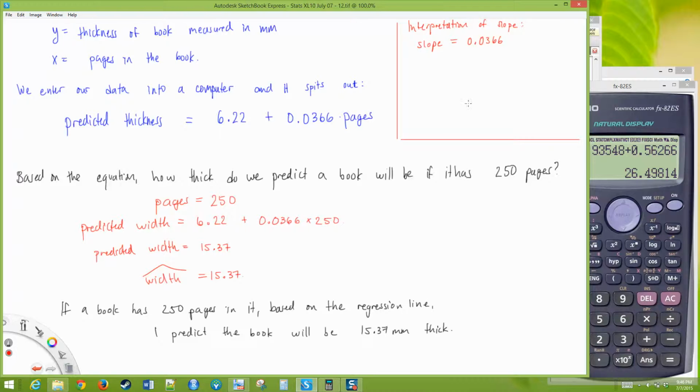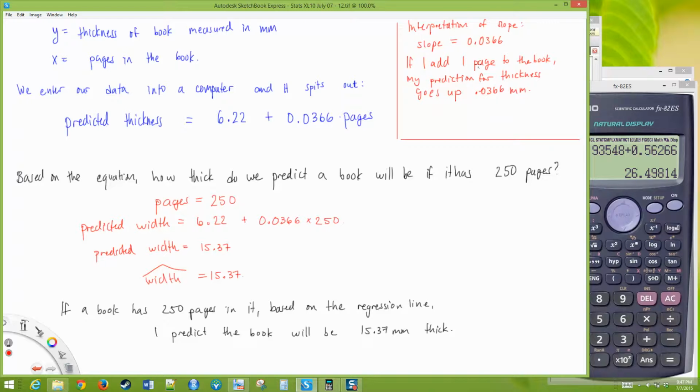If I add 1 page to the book, my prediction for the thickness goes up 0.0366 millimeters.